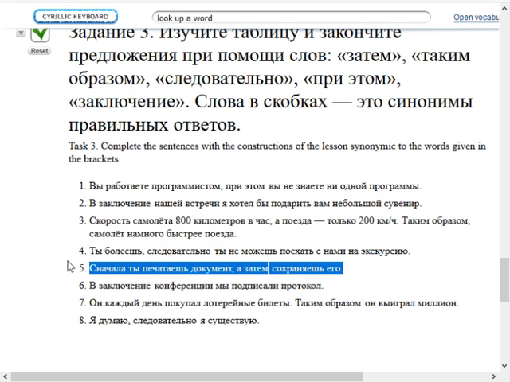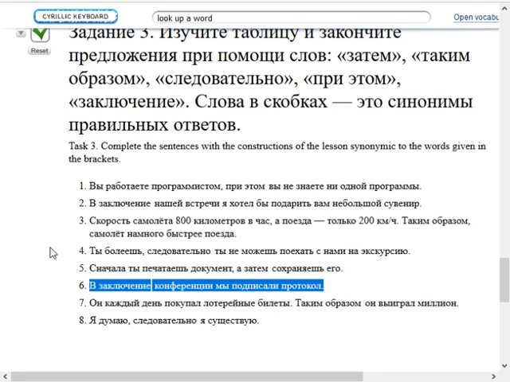First, you print the document, and after that, save him, or save it. But document is masculine in Russian. В заключение конференции мы подписали протокол. So at the end of the conference, we signed a protocol. So like I guess a record of the conference.